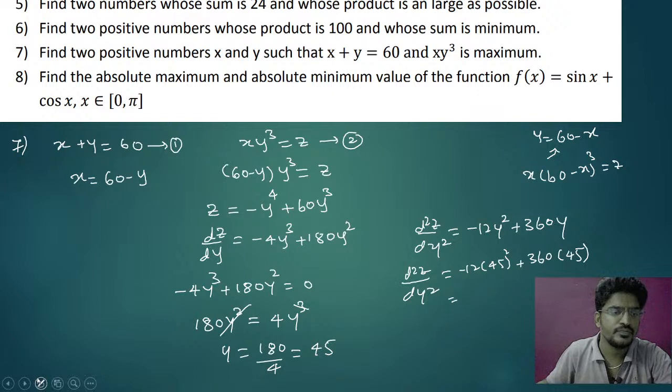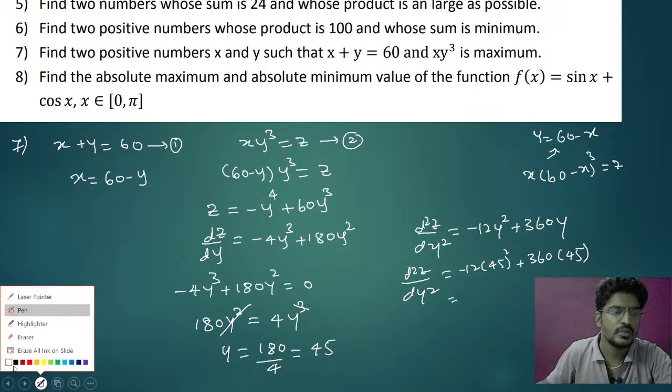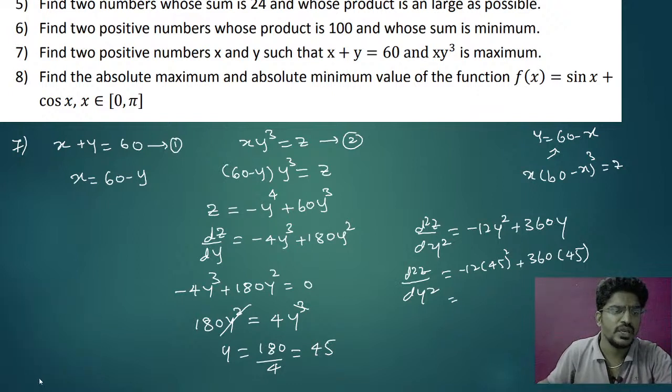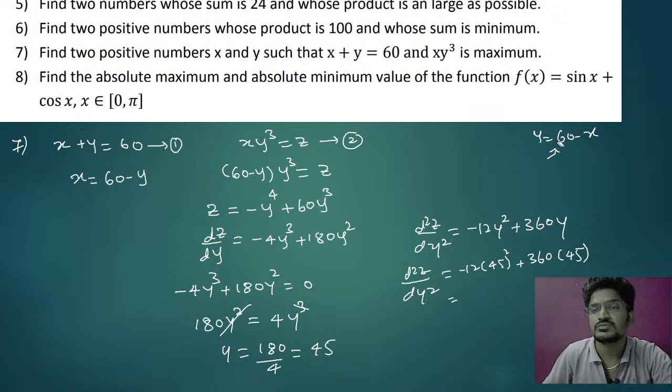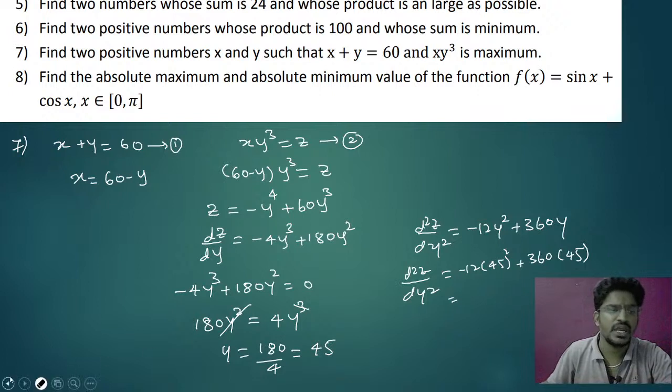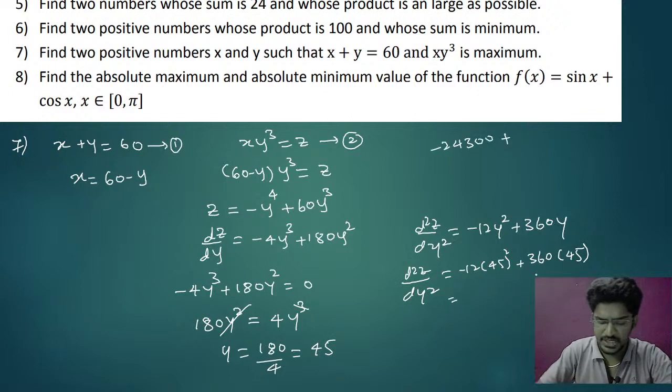it will be 24,300, so it is minus 24,300 plus 360 into 45, and 360 into 45 is 16,200.